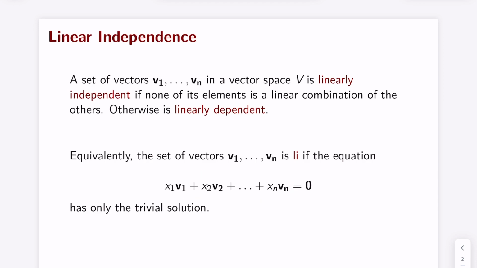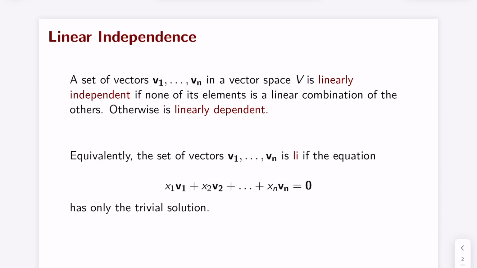Because if it has any other solution other than the trivial one, so if we can put here 3, 4, 1, whatever numbers that are not 0, 0, 0, then what will happen is that one of them, just solving for it, can be written as a combination of the others.